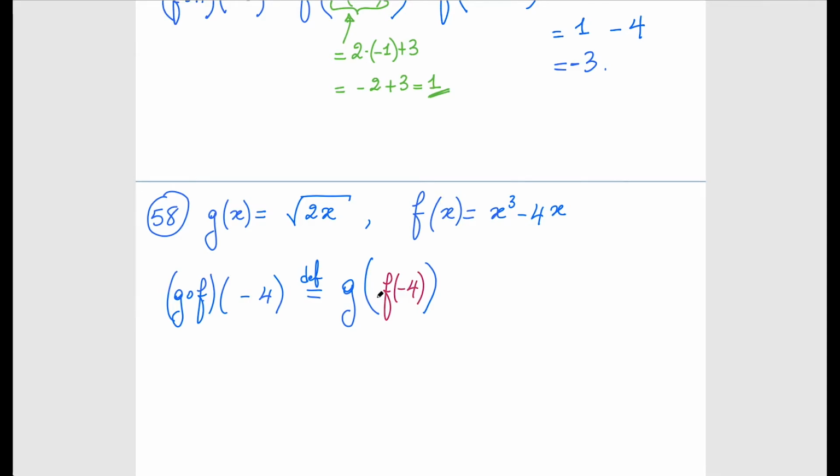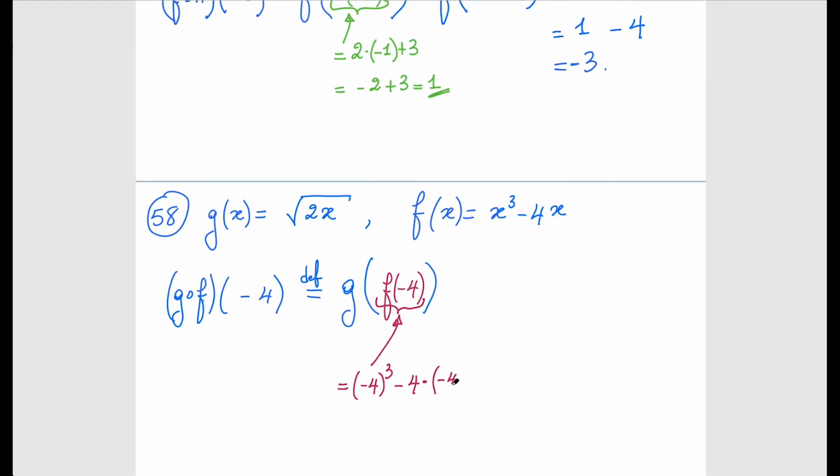So that guy is equal to, that's the recipe of f, and the input is -4. So instead of x, we're going to have -4 in this case, right? And what's -4 cube? Let's write the whole thing. So -4 cube minus 4 times the blue 4 times that guy, -4.